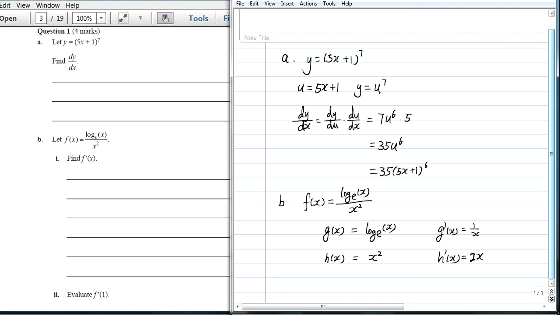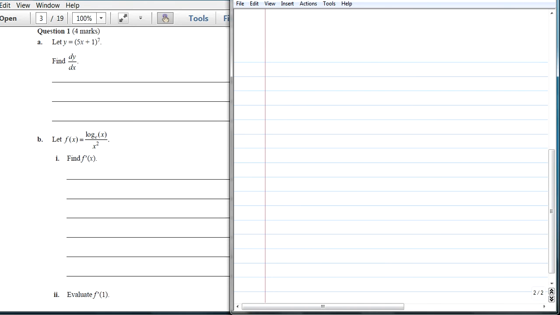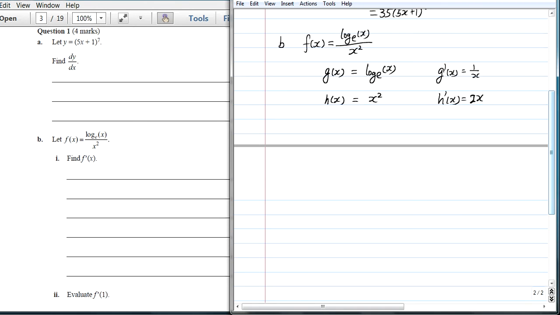Alright, we found everything we need. Now we can write down the quotient rule. If f(x) equals g(x) over h(x), then the derivative of the function is equal to the derivative of g(x) times h(x), minus the derivative of h(x) times g(x), over h(x) squared.